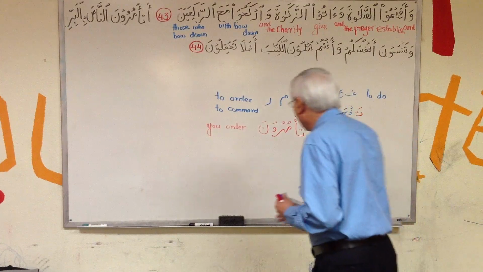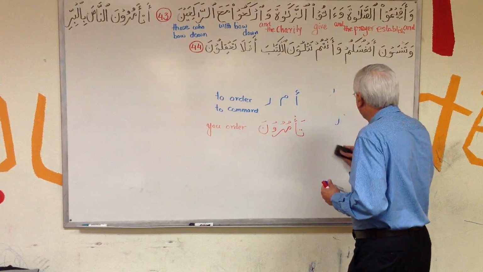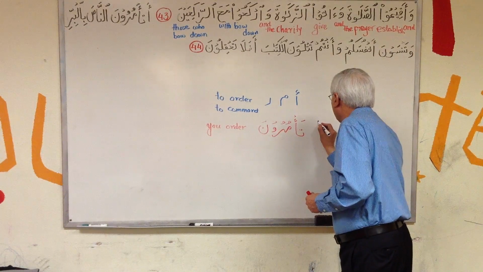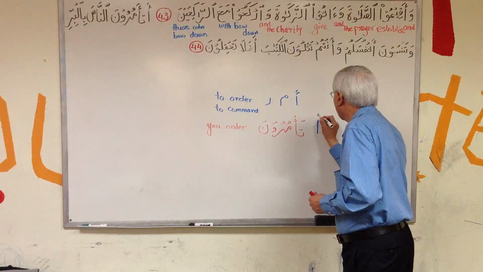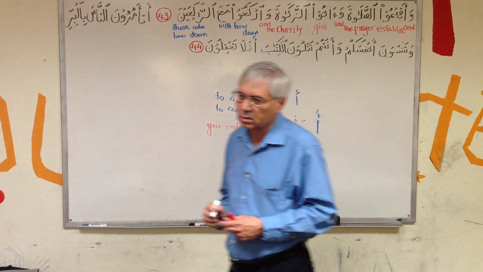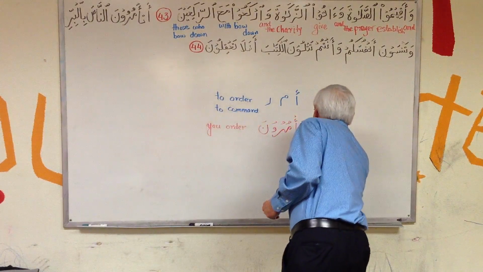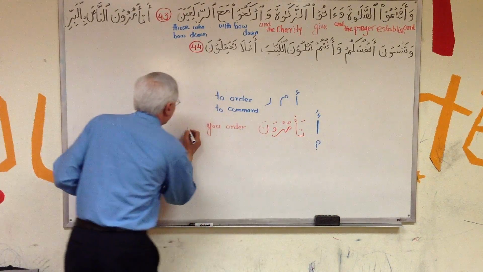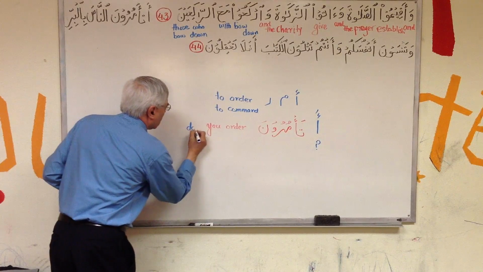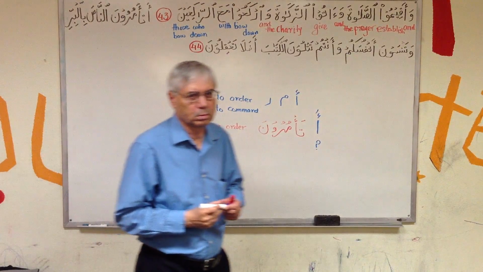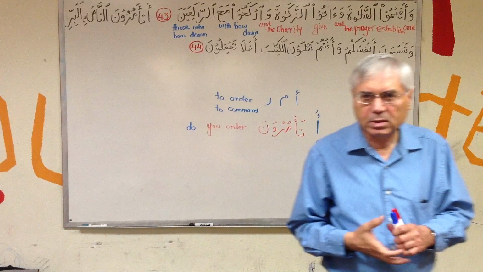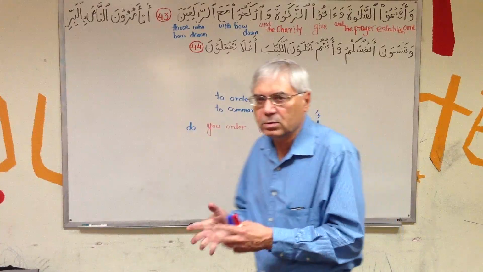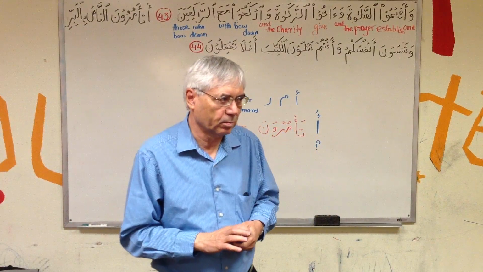Now, if we add an alif here, it brings a question mark, and the meaning will become, do you order? That alif is a question. It's called alif istifhamiyya, which makes a question mark.